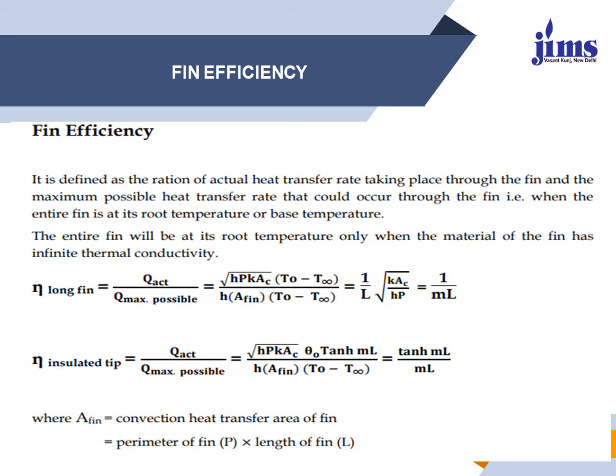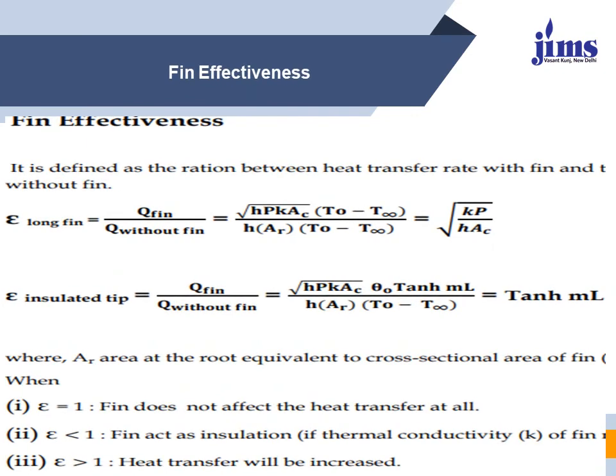In that case the efficiency of the fin is equal to tanh(mL) divided by mL, where area of the fin is equal to the perimeter of the fin multiplied by the length of the fin. So the efficiency of the fin forms a certain criterion for judging the relative merits of fins of different geometry or materials.